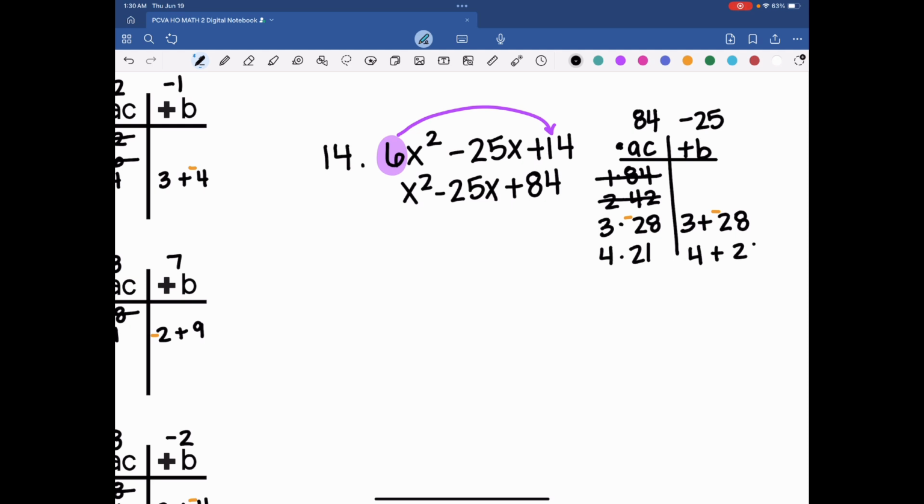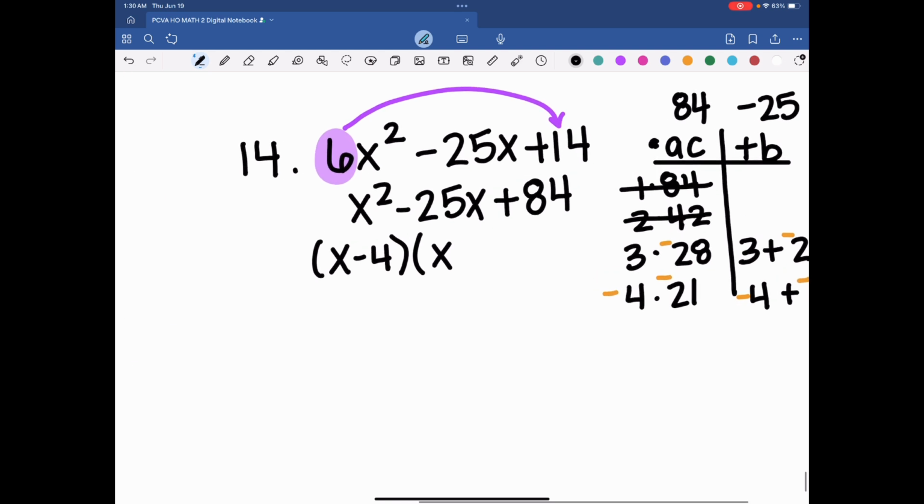So this time, I need to make the 4 and the 21 negative so that I can add these two together to give me negative 25. So let's check the multiplication. Negative 4 times negative 21 does give me positive 84. So I'm going to write those two. So I have x minus 4, and then I have x minus 21.